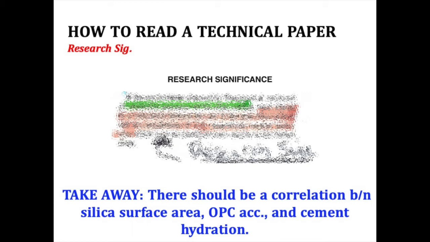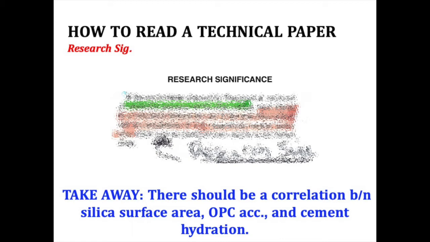But that being said, again, just a wonderful paper, and the research significance is highlighting that correlation between the surface area and these positive effects that we're getting out of the use of nanosilica.